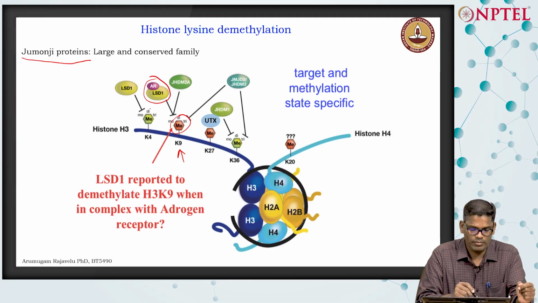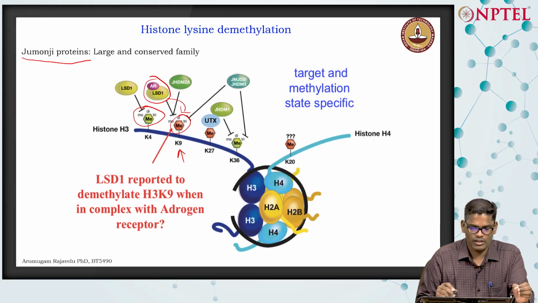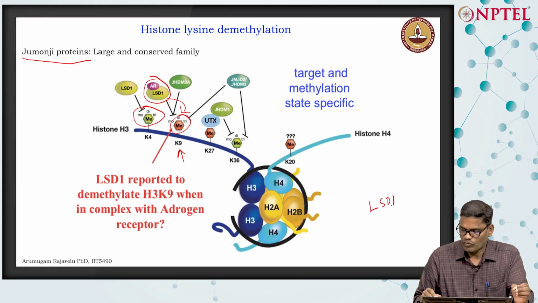LSD1 primarily demethylates at the K4 position, but in a complex with the androgen receptor, it can efficiently demethylate K9. That means, LSD1 is usually a repressive protein, but now it becomes an activator protein.